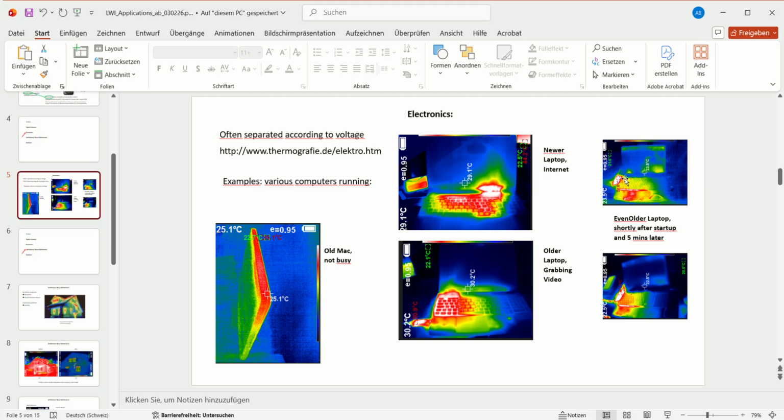For example, the image card of the computer. Actually, here you can see that some heat went away from this picture to this picture, which was the hands of the person who used the computer. This doesn't have anything to do with the heating up of the laptop itself.